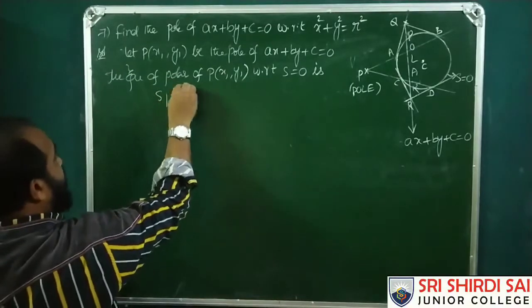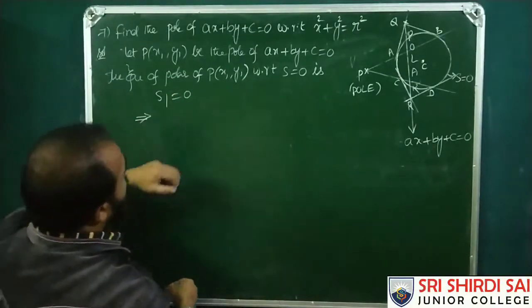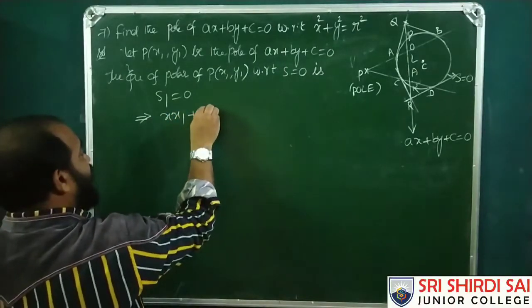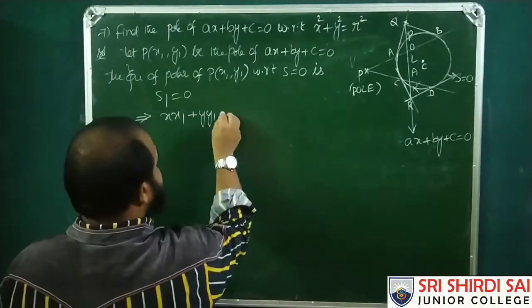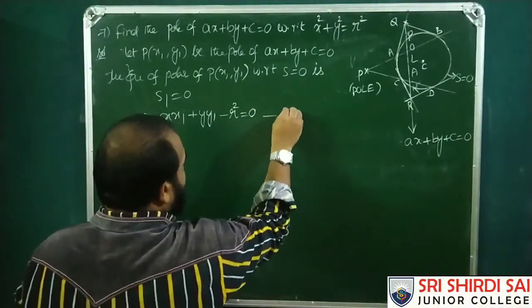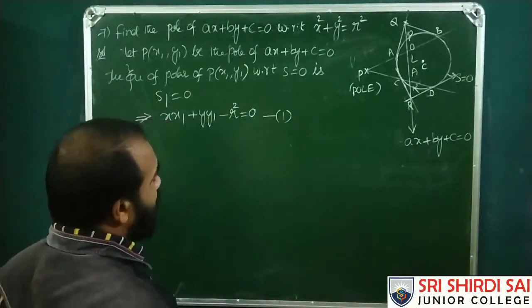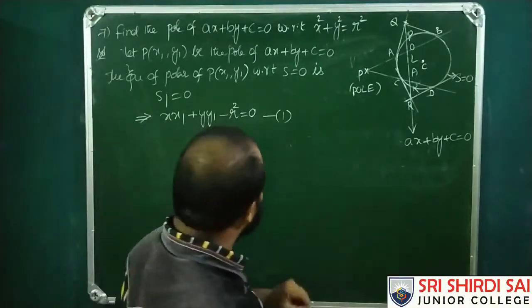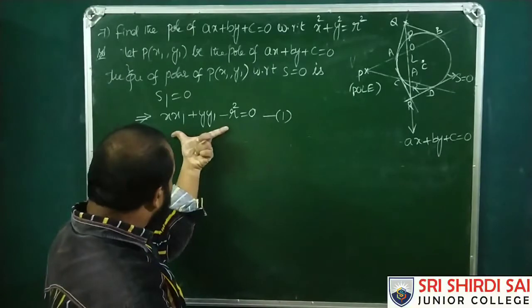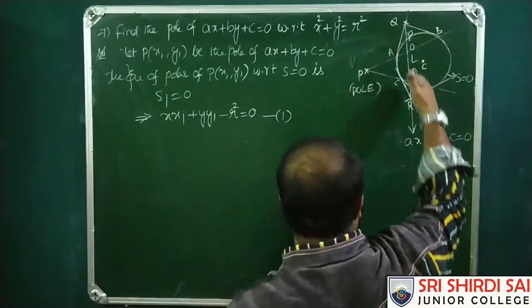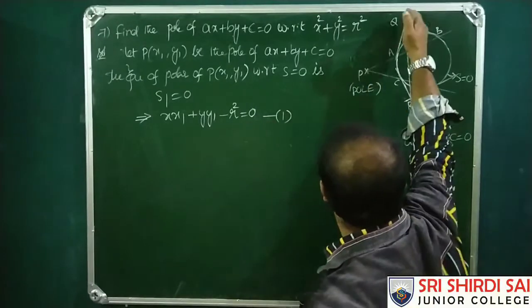is S1 = 0. What is S1? x x1 + y y1 - r² = 0. Let us suppose that this is the first equation. This is the polar of P with respect to the circle, that means this line.